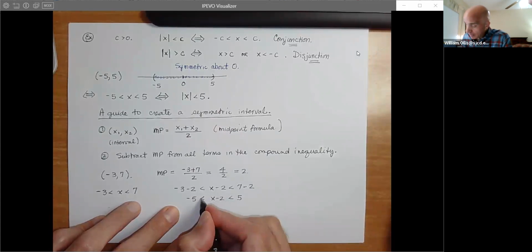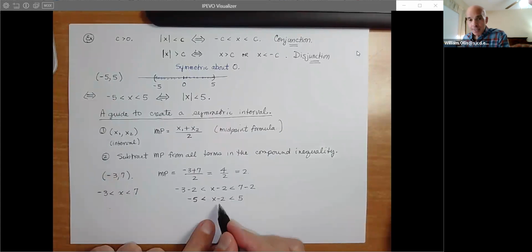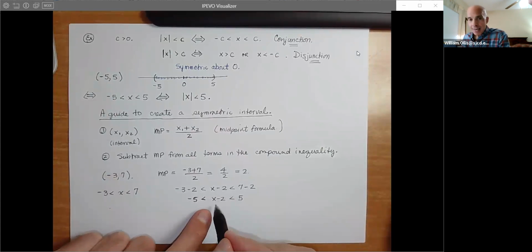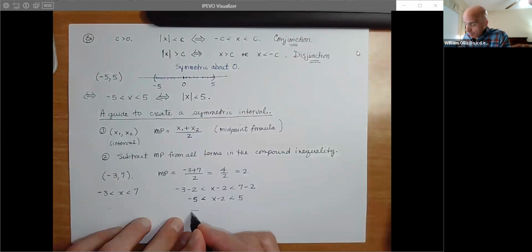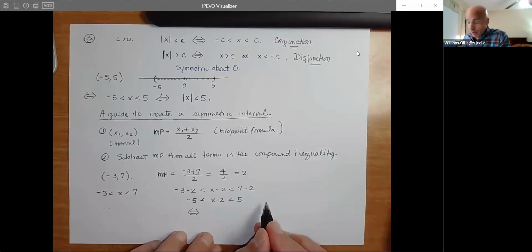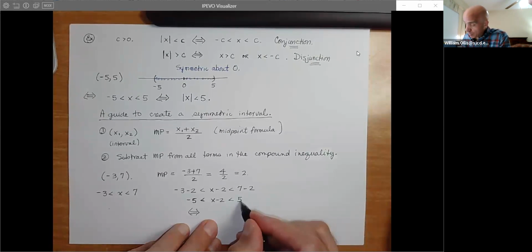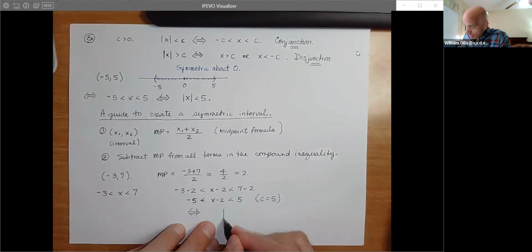At least in the problem I'm trying to do. And so now what's in the center is x minus 2. So we see that x has been replaced with x minus 2. We can go back up here and write the equivalent inequality with absolute value. So now we'll say here the C equals 5. So we have this.